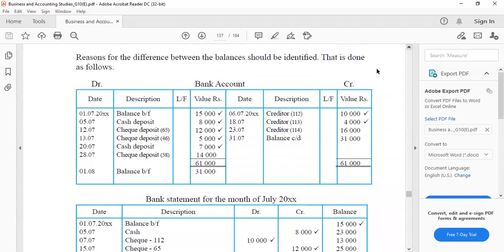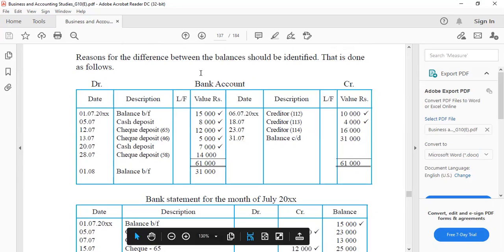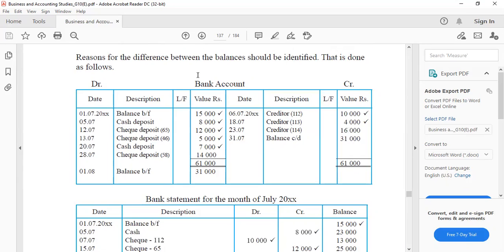Here 14,000 is not circled and here 16,000 is not circled. Remember, items in the debit side of the bank account are unrealized checks. You must subtract them from the bank statement. Items in the credit side of the bank account are unpresented checks. You must add them. So here 14,000 is the unrealized check and 16,000 is the unpresented check.